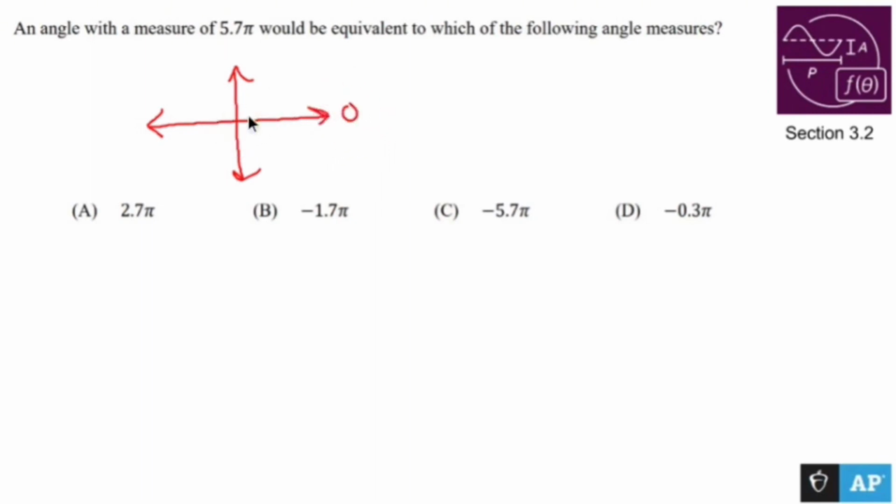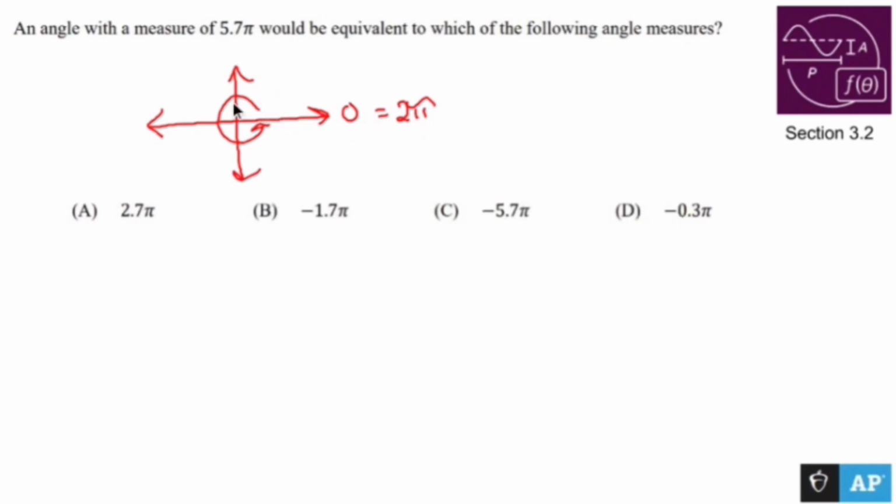Now, every time I spin around in this direction, I complete a complete circle, which is the same as 2 pi. So what I need to do is take that 5.7 pi and either add or subtract 2 pi until I hit one of these to see which one is the same.